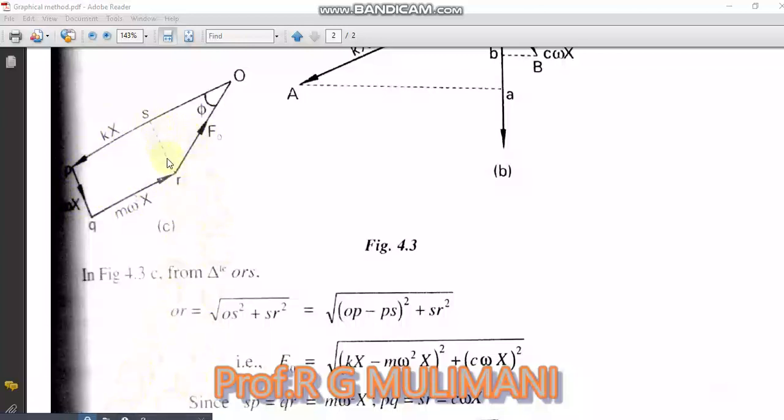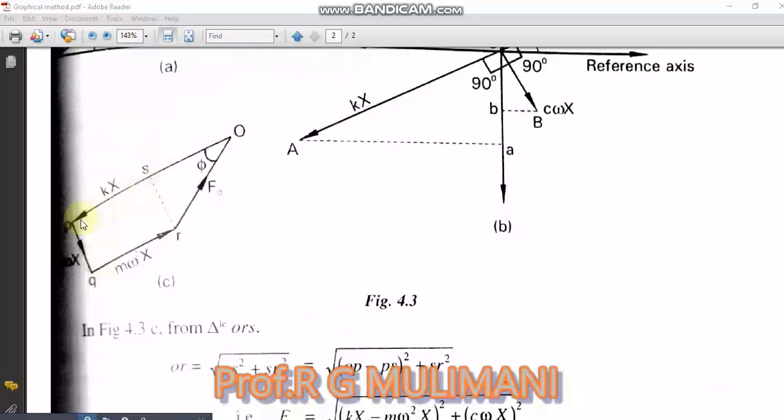By this triangle ORS, this is F naught, and what is the magnitude of SR? It is equal to PQ. PQ is c omega x. This SR magnitude is c omega x, and this OS, the total distance between P and O, is kx.